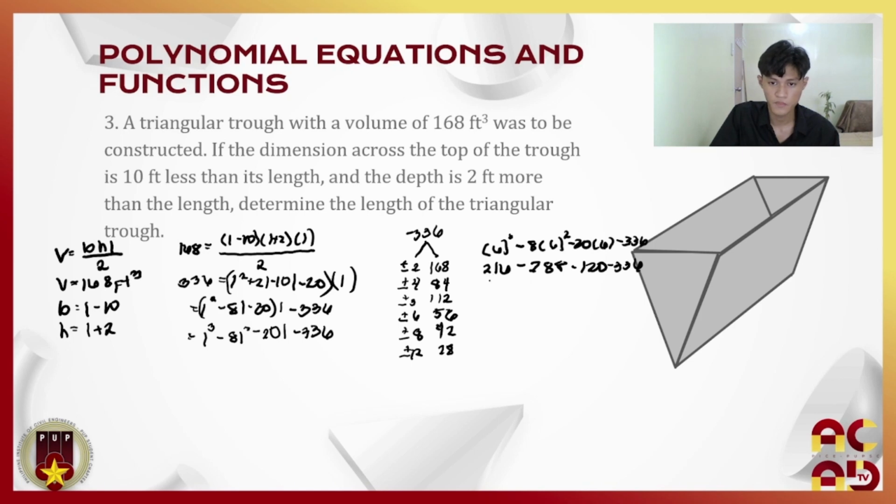So subtraction, 216 minus 288, we have negative 72. And negative 120 and minus 336. Baka malito tayo, burayin natin yan.